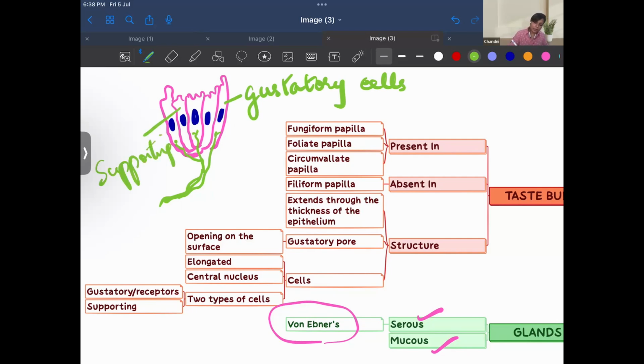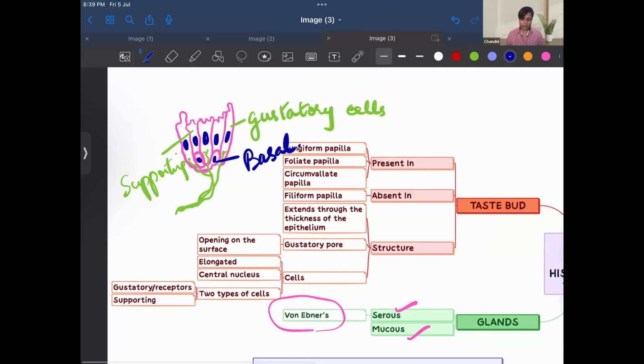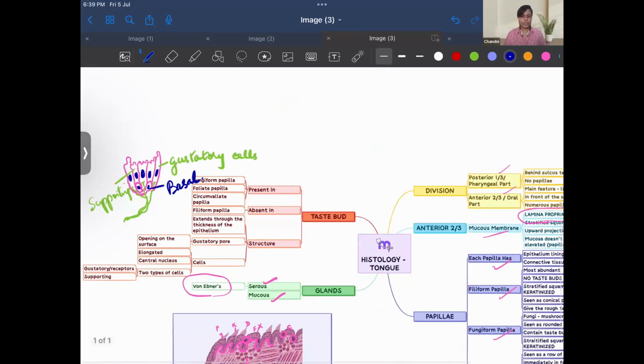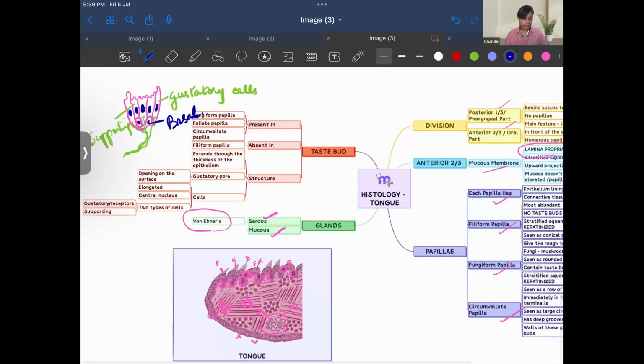Other than this, you have basal cells. Okay, so these are called basal cells, right? This is about your taste bud. So that quickly finishes up the revision of tongue.